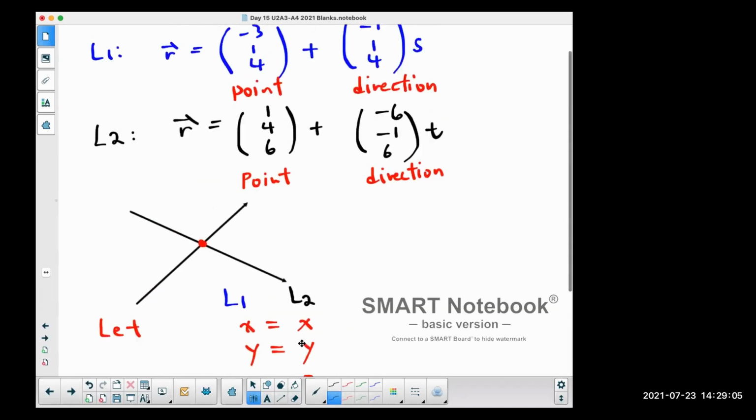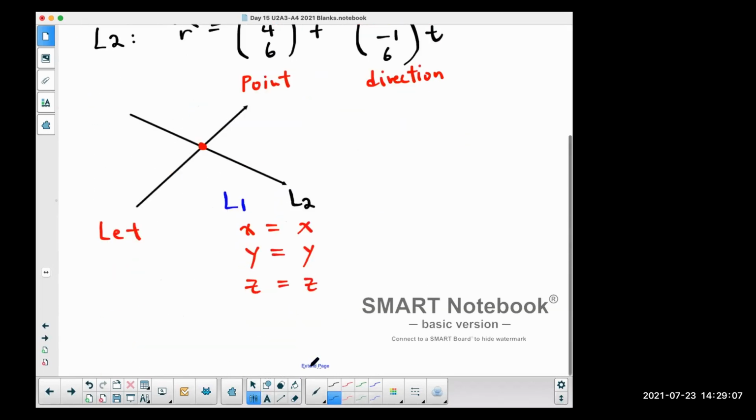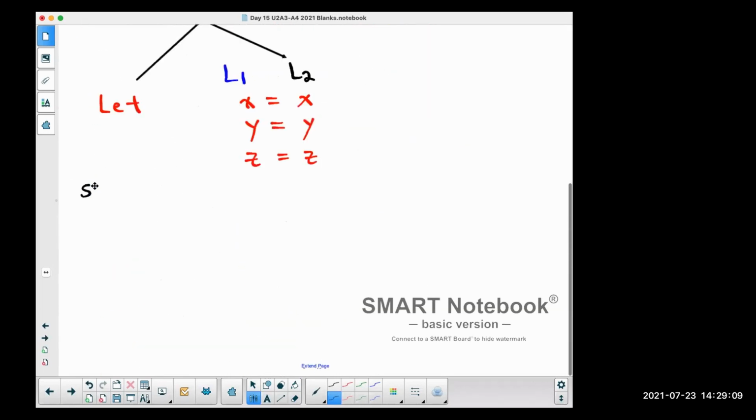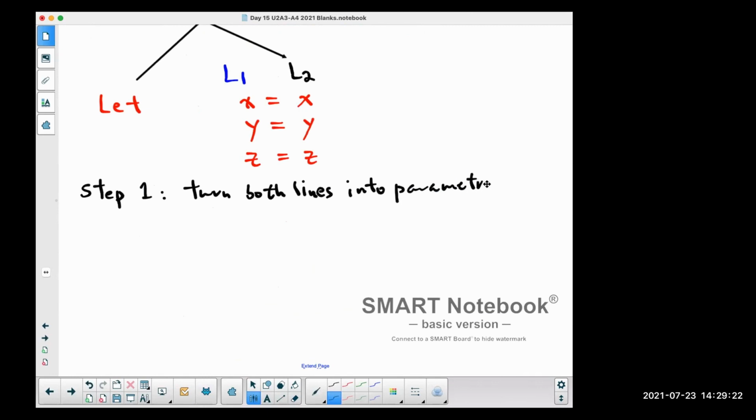So here's the process, 2 steps. It's actually not too bad. Step number 1: turn both lines, L1 and L2, into parametric equations, the component form.